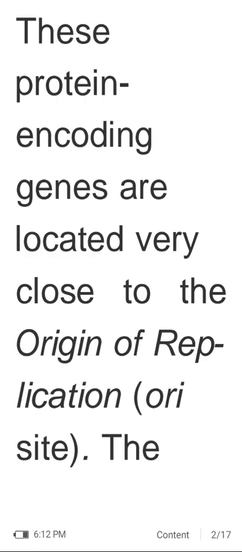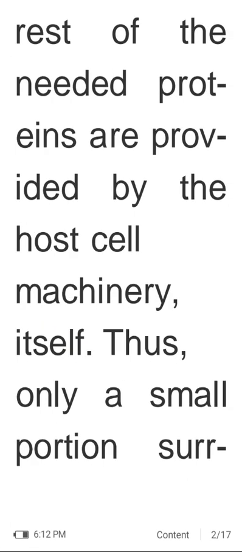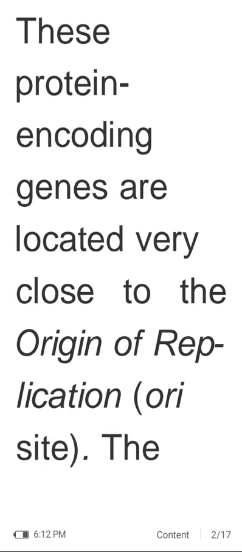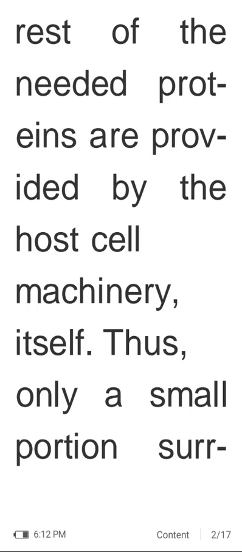These protein-encoding genes are located very close to the origin of replication, the ORI site we mentioned earlier. The rest of the needed proteins are provided by the host cell machinery itself. Some important proteins are created from the transcription and later translation of the genes located very close to the origin of replication, but other proteins are provided by the host cell machinery.